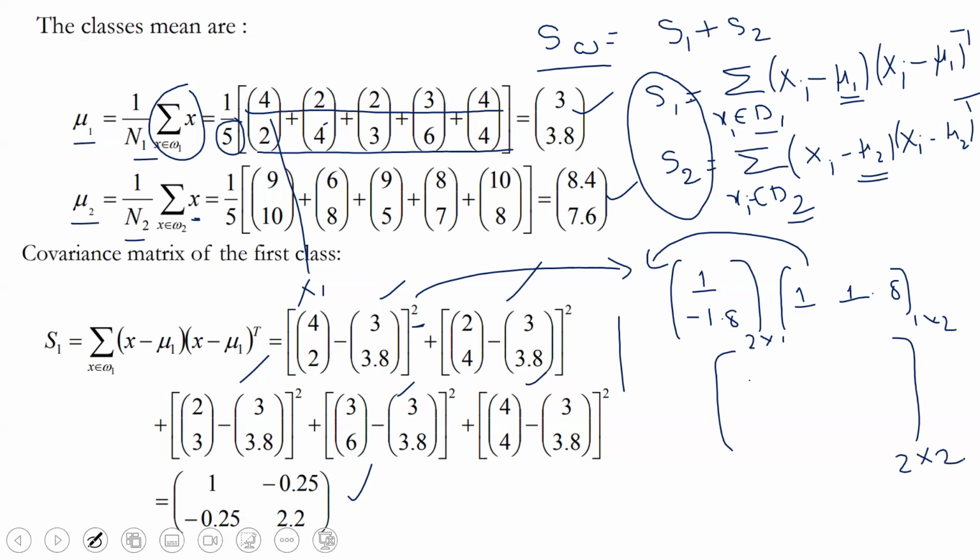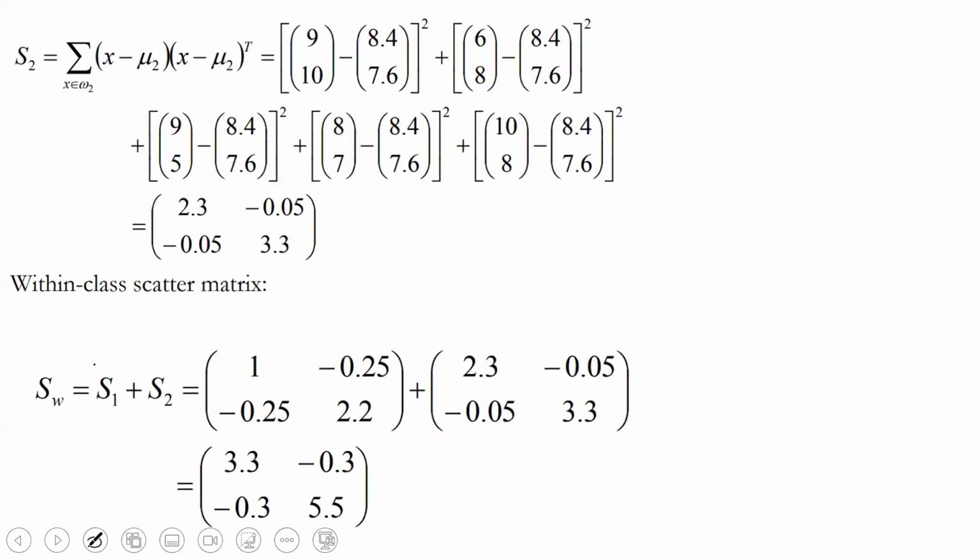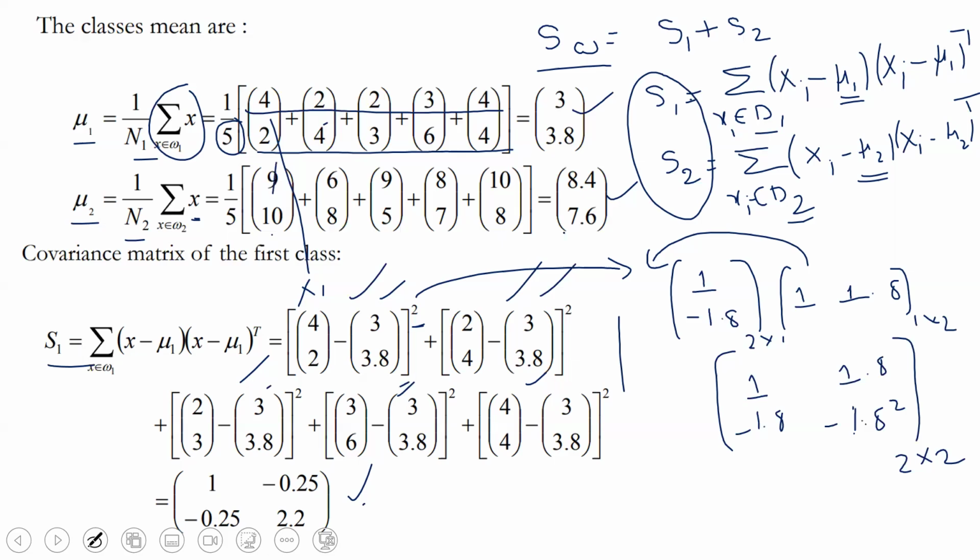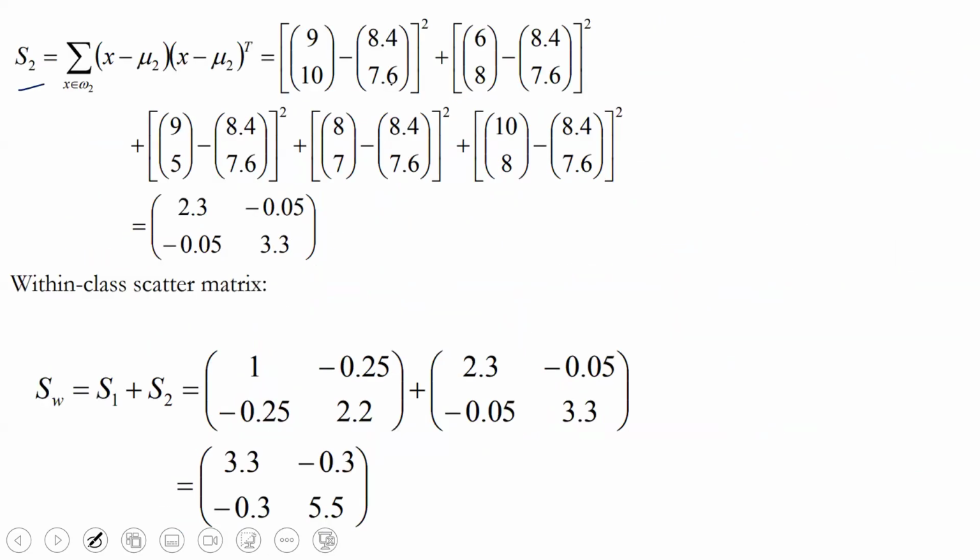So 1 into 1 would be 1, 1 into 1.8 would be 1.8, minus 1.8 minus 1.8 whole square. So each of these will be a 2 by 2 matrix, and the sum of all of them would be a 2 by 2 matrix. That's how you calculate S1. The same goes for S2. Just take every point in x2, 9 by 10, and its mean.